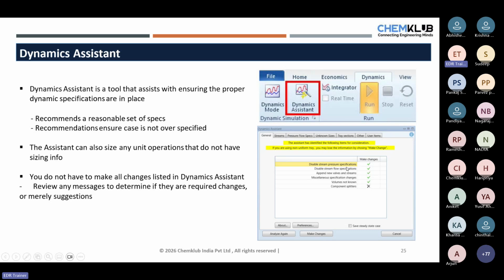It will tell you one by one what changes have to be made. It will do it automatically, and if it doesn't, you can actually choose it and make changes. So the make changes button is there, and then automatically everything is taken care of by the system itself, and then you can proceed with the dynamic mode.